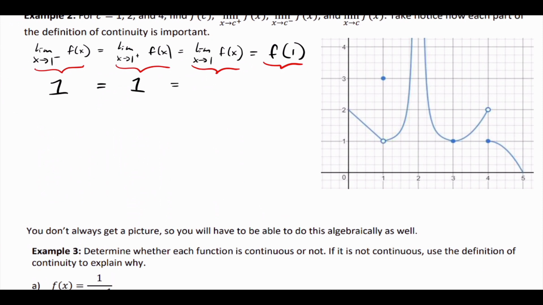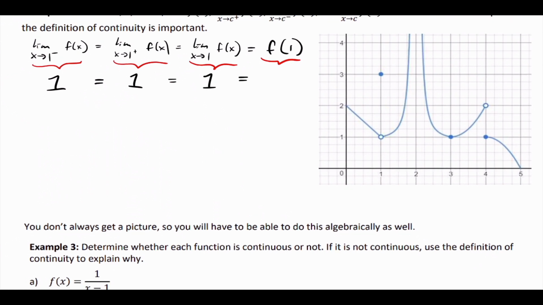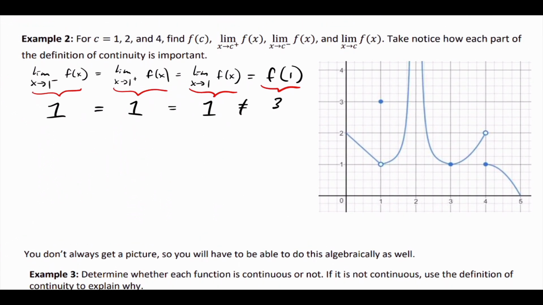So what's the overall limit at 1? 1. Good. So what is f of 1? 3. There's where that one doesn't work. So that's why we already know it's discontinuous at 1, right? We said that earlier for example number 1. It's discontinuous at 1, and that's the reason why: because that guy does not equal 1.